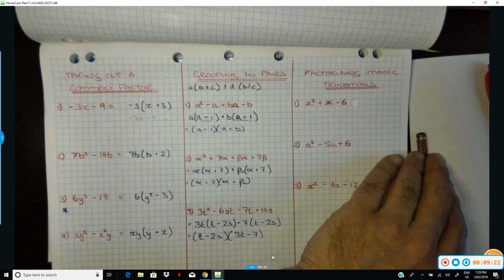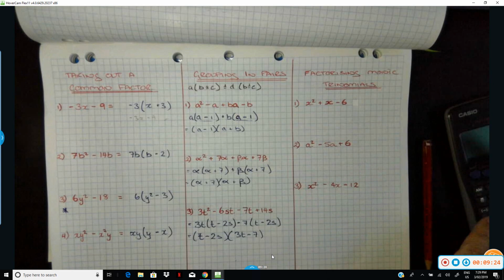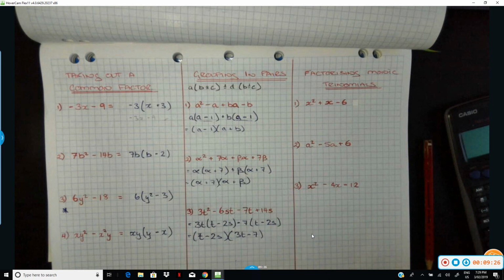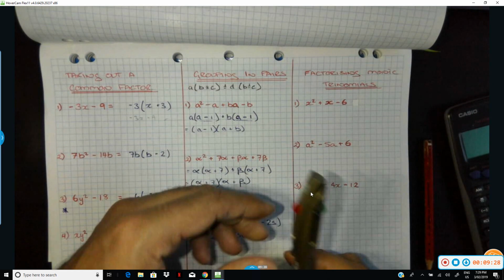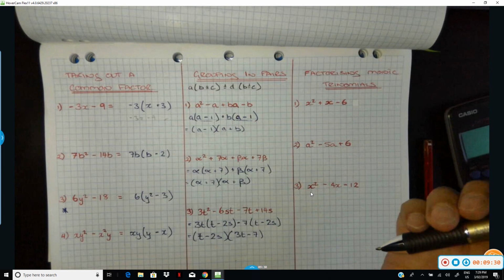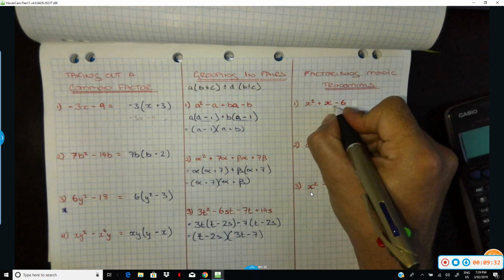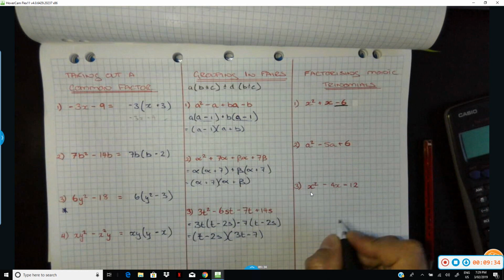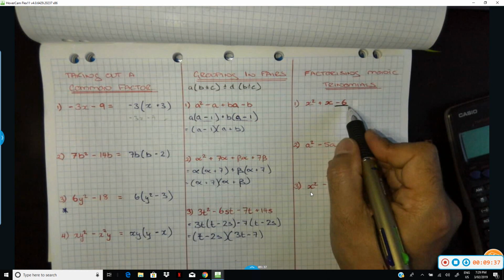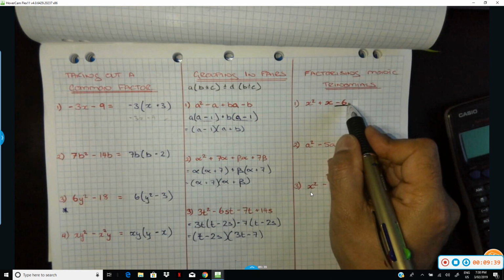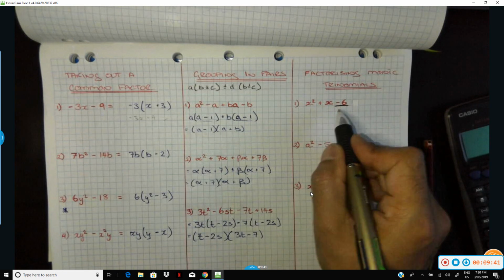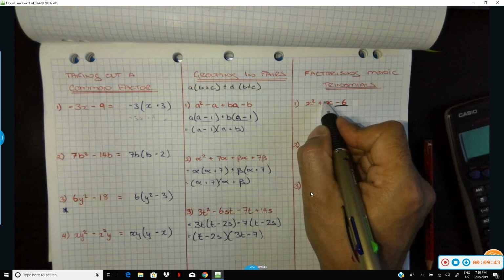Factorising monic trinomials. To factorise monic trinomials, what we want to do is look at the last term. Find 2 numbers that multiply to get that, but the same 2 numbers add to make whatever this coefficient is.